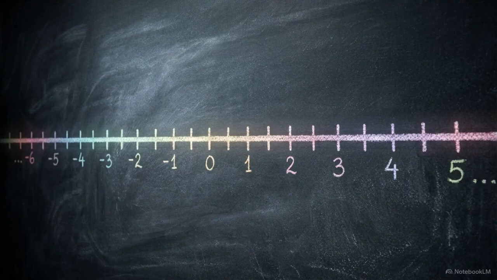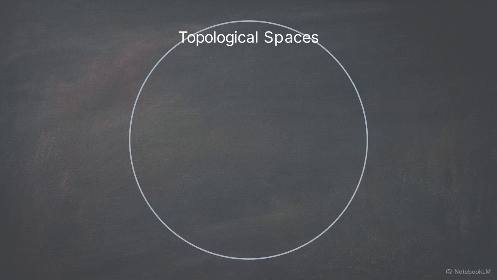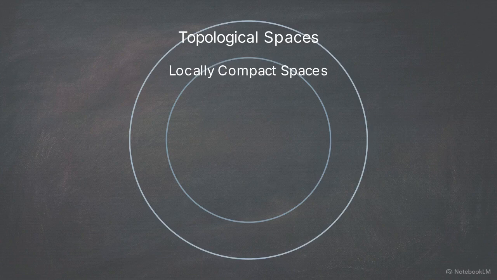The real line stretches endlessly in both directions, making it impossible to contain as a whole. But at the microscopic level, around any given point, it operates exactly like the finite, well-behaved unit interval. We can organize these geometric rules into a clear, nested hierarchy. The broadest category contains all possible topological spaces. Within that universe, we define a stricter subset for locally compact spaces. This is where the infinite real line resides, guaranteed to be stable at the neighborhood level.